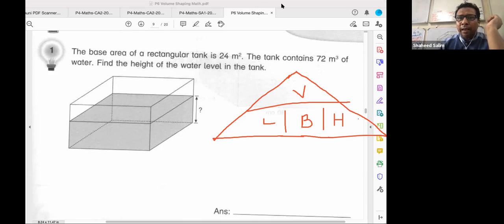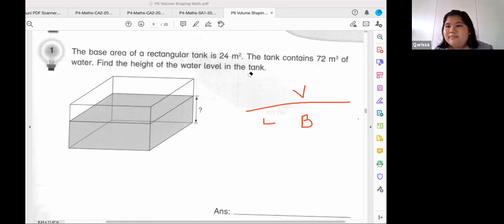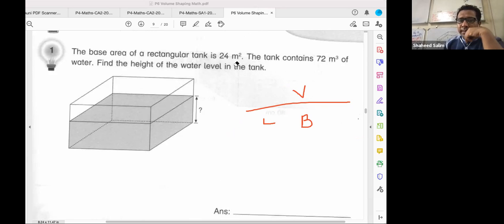So let me cover the height. So what is the formula of the height? It is volume divided by length times breadth. Length times breadth, they already give you. Volume, they give you 72, divided by 24. Can you see? I hope you all can see. Well done. Careful, some questions they might give you the volume of the tank.